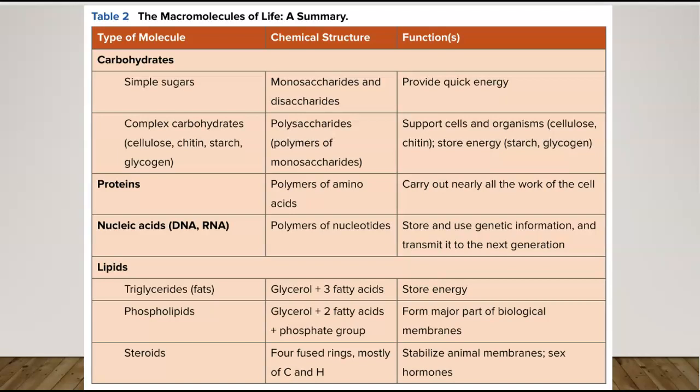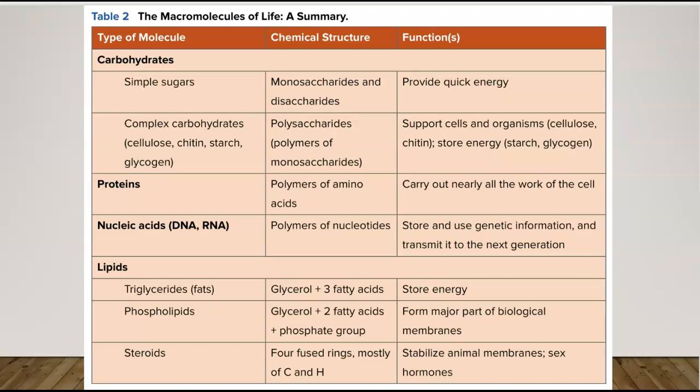But those are the 4 groups of macromolecules: carbs, lipids, proteins, and nucleic acids, and what their function is. I'm not worried about you guys memorizing little molecular formulas. That's not relevant. That doesn't mean anything. But why do I need carbohydrates? Why do I need proteins? What are the functions of those things? That's what's relevant.